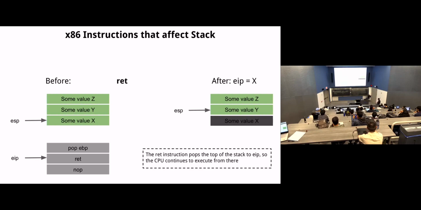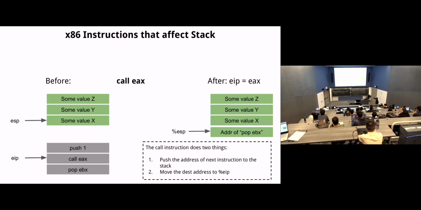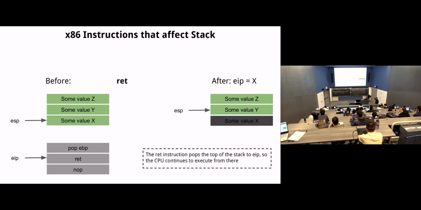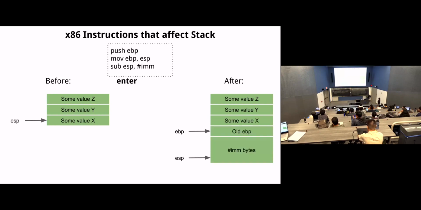This is probably too much to digest. We're not going to talk about details of call and return today, but a lot of tricks and a lot of attacks we're going to use are surrounded by those two instructions.